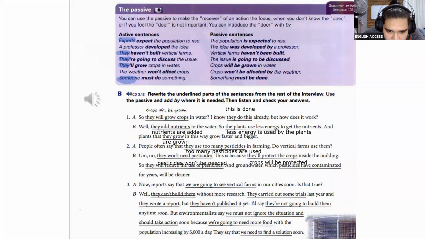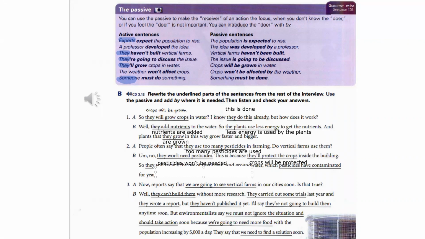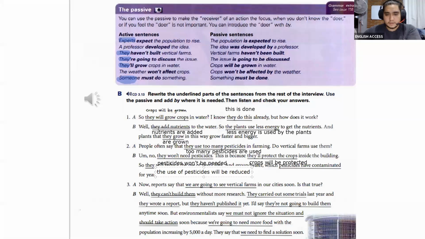They will reduce the use of pesticides. How would that be? The use of pesticides will be reduced. Yes.